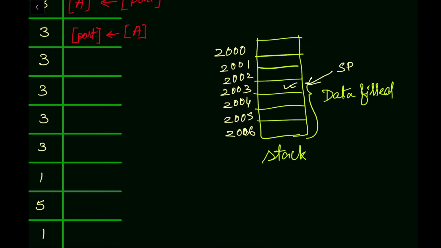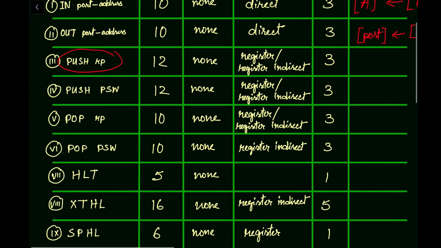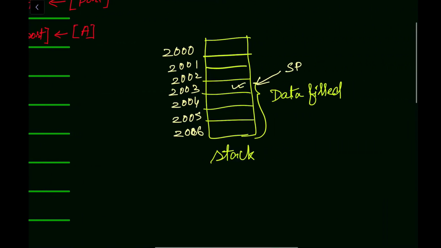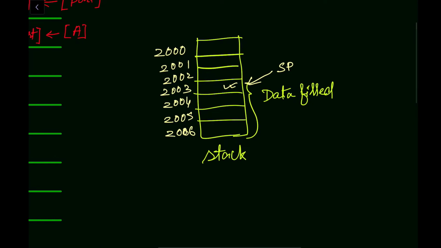So this stack pointer will always point to the top of the stack, because we know that in the case of stack we have last in first out. That is, whatever data is last input will be output first, taken out first. So when the stack pointer is pointing at this address, and we have this push RP instruction, RP means register pair. Register pair will hold 16-bit data.